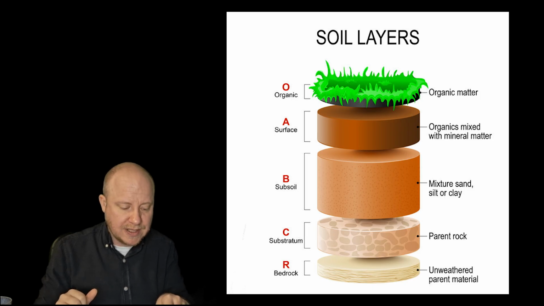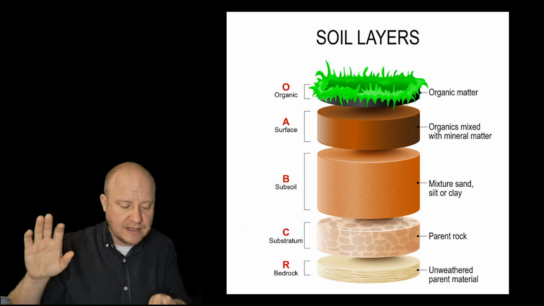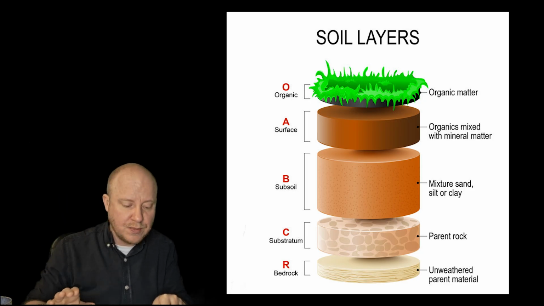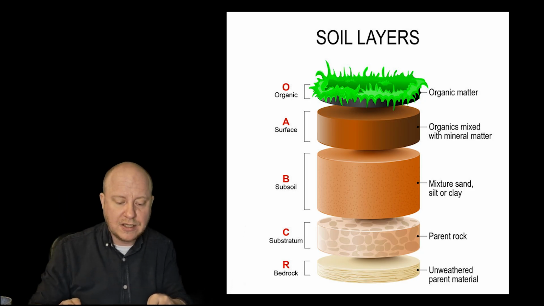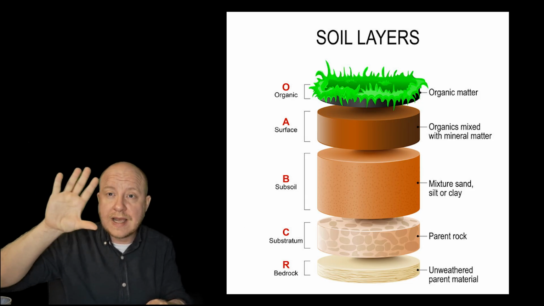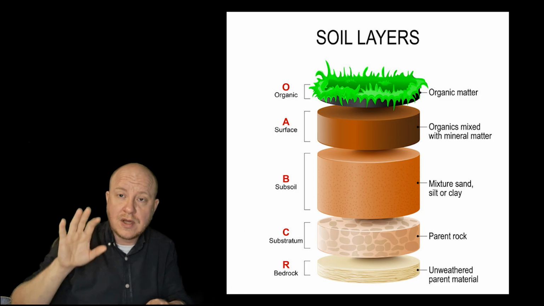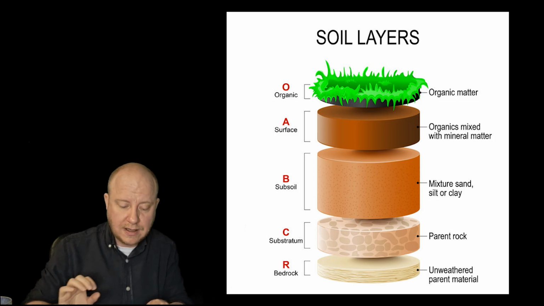In most soils, there is a transition where the organic components in the upper surface layer transform into more inorganic compounds in the lower horizons. So talk about that soil profile, that you have more organic material at the top, and as you go further into the earth, it becomes more and more inorganic.